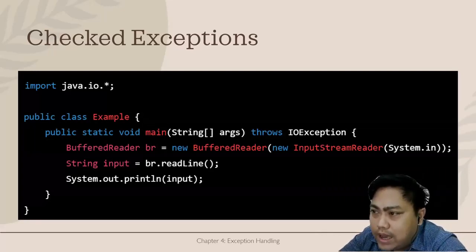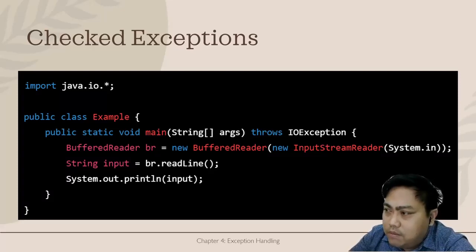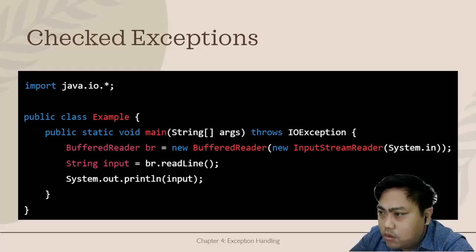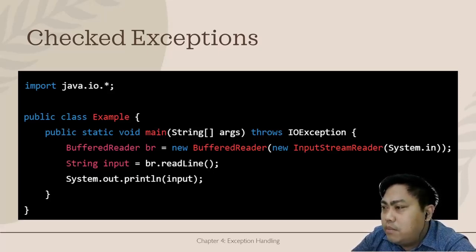So we have imported the java.io. This is the package for input output. As you can see, under the main method, we included the keyword throws IOException. In this example, the main method reads input from the user using the BufferedReader.